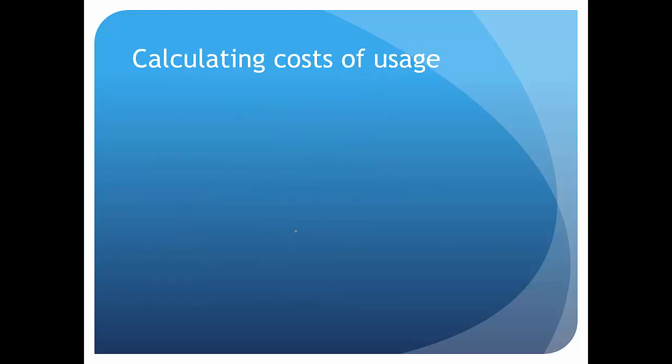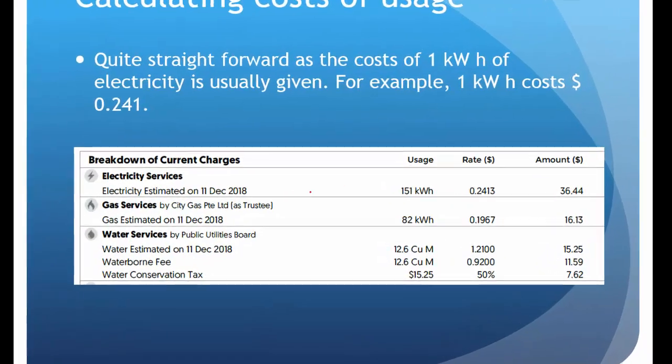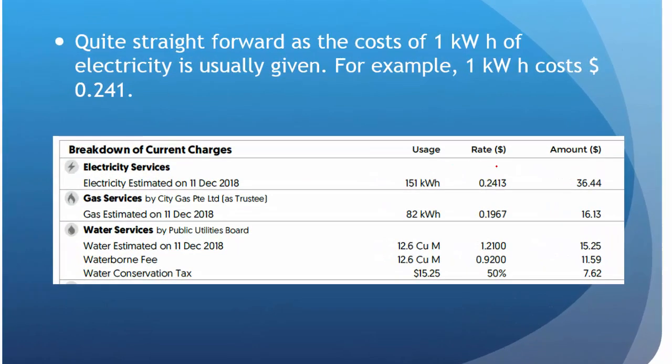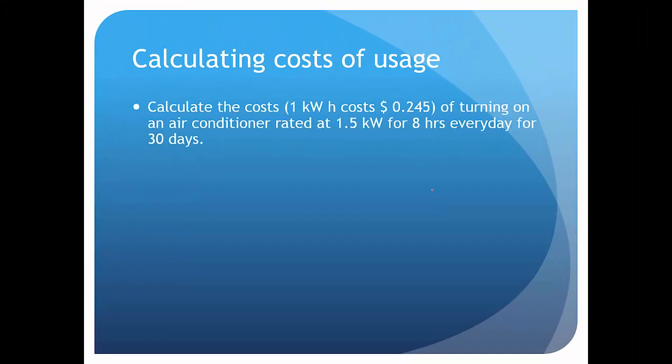Just a short one, calculating cost of usage. It's quite straightforward, as usually the cost of 1 kilowatt hour of electricity is given. For example, in this case, 1 kilowatt hour is roughly 0.241. Sometimes the question could be: calculate the cost of turning on the air conditioner for 8 hours every day for 30 days.